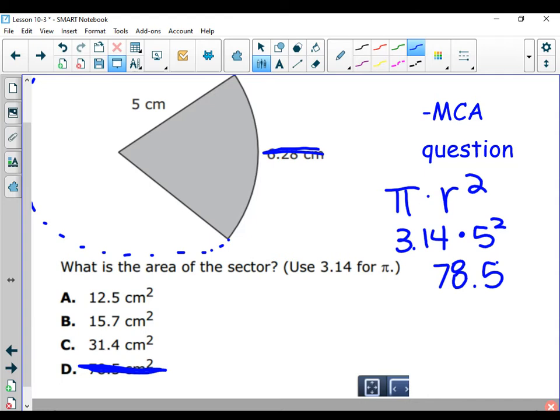Now we actually have to use guess and check. It's a real strategy. What if you think it's a fourth? Divide by 4. What if you think it's a fifth? Divide by 5. What if you think it's a third? Divide by 3. Pick something.